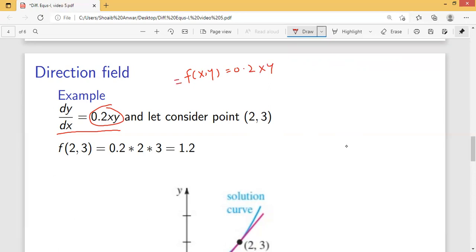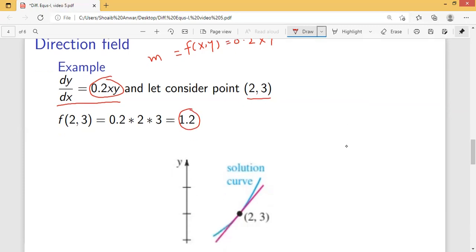That is also equal to slope m. And if you want to calculate the slope at the point (2,3), you just have to replace x by 2 and y by 3 here: 0.2 multiplied by 2 multiplied by 3, and you will get 1.2.